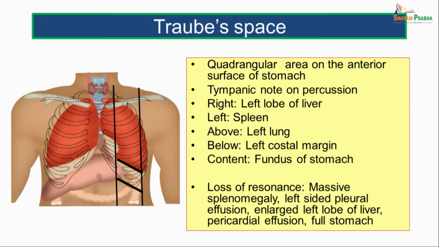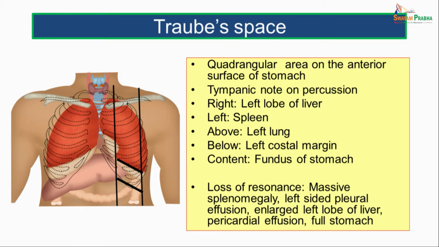In what all conditions do we see that? This loss of resonance occurs either due to a massive splenomegaly or a left-sided pleural effusion, an enlarged left lobe of liver, a pericardial effusion or a full stomach.